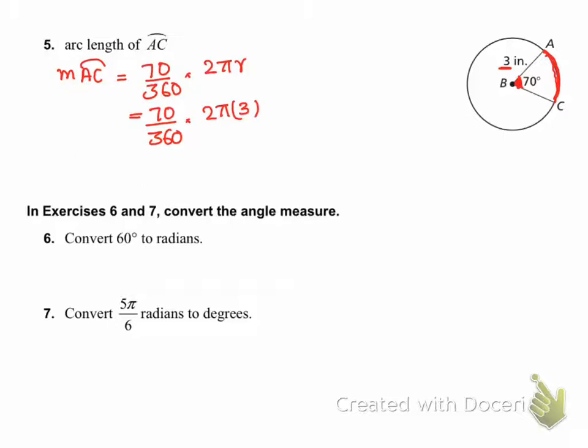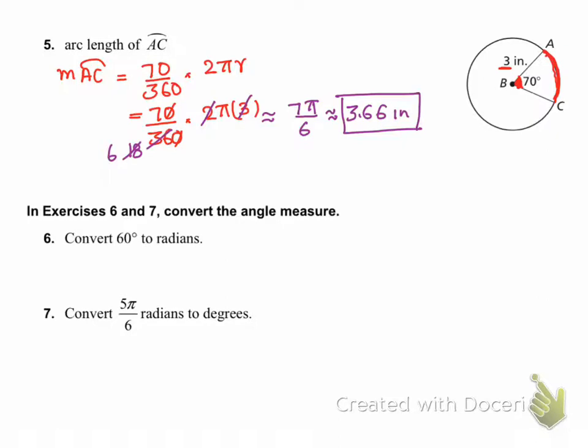First I can cancel the zeros, then cancel the 2s, or 2 and 36 is 18, and 3 and 6 is 18, it's up to you. You plug in everything and get 7 pi over 6. When you plug it in your calculator, you get 3.66 inches. That's the way you find the arc length.